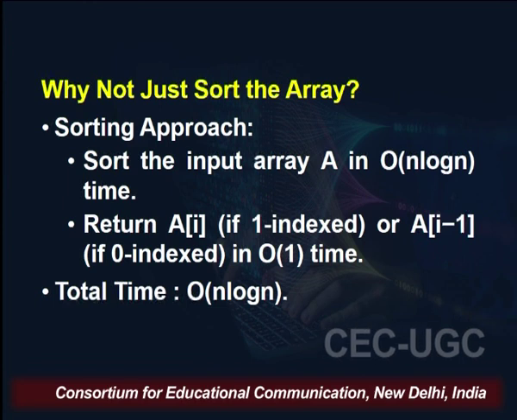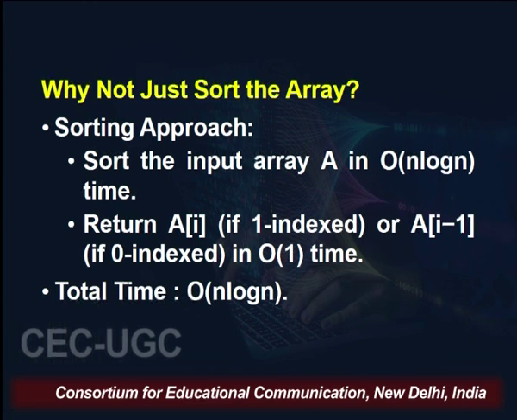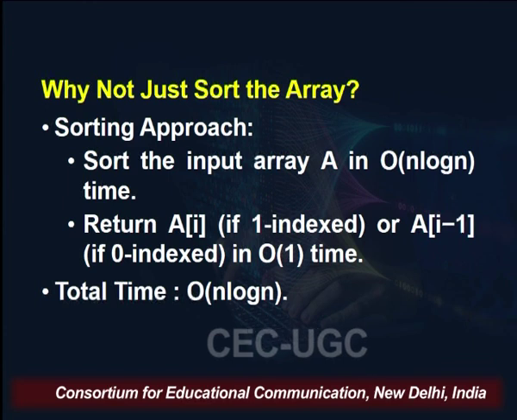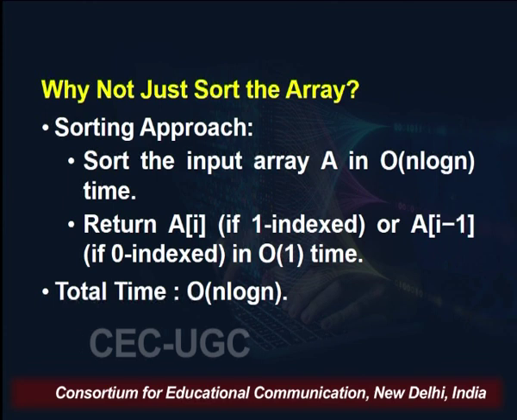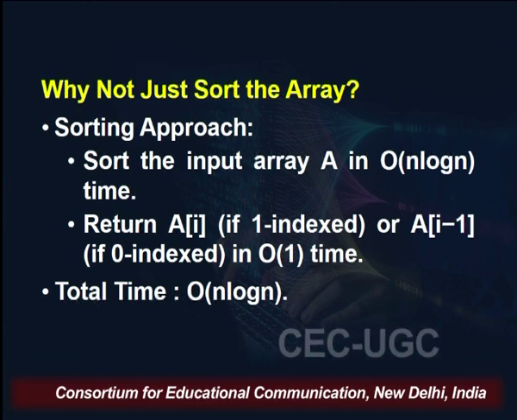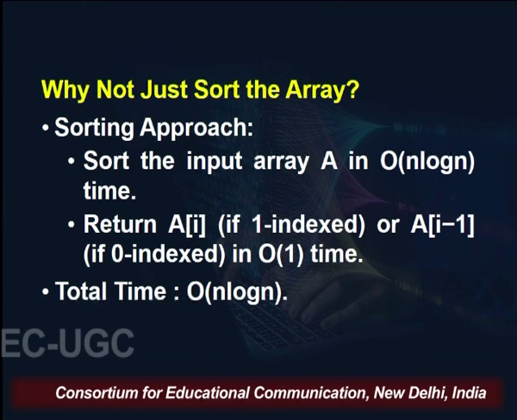The sorting approach is that we sort the given input array, and that sorting is going to take order of n log n, or more specifically theta n log n, and then return A[i], or A[i minus 1] in case your array is starting from 0. If a one-indexed array is there, then we look for A[i]; we look for A[i minus 1] if it is a 0-indexed array.